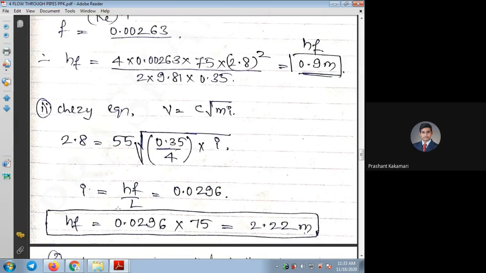So hf is not known to us. L is known to us. Yes, L is 75 meters. Is that clear? So don't directly write here 0.0296 equal to i. Just substitute in place of i, hf divided by 75. Then you find out hf.